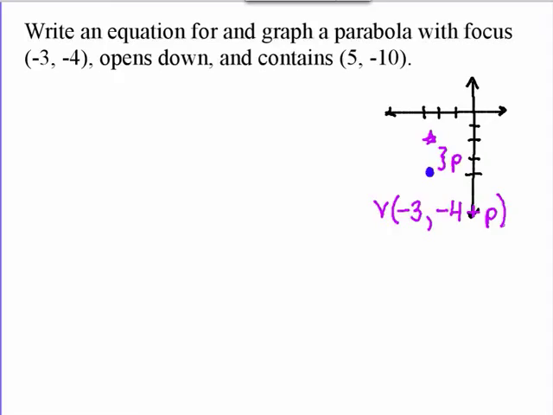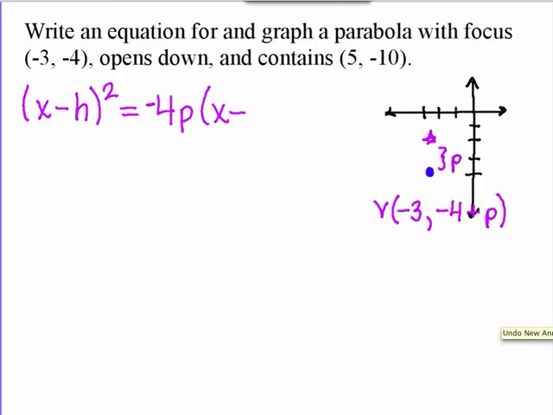Okay? So now, since it opens down, I know that the graph is going to take the form (x minus h) quantity squared equals -4p times (y minus k).